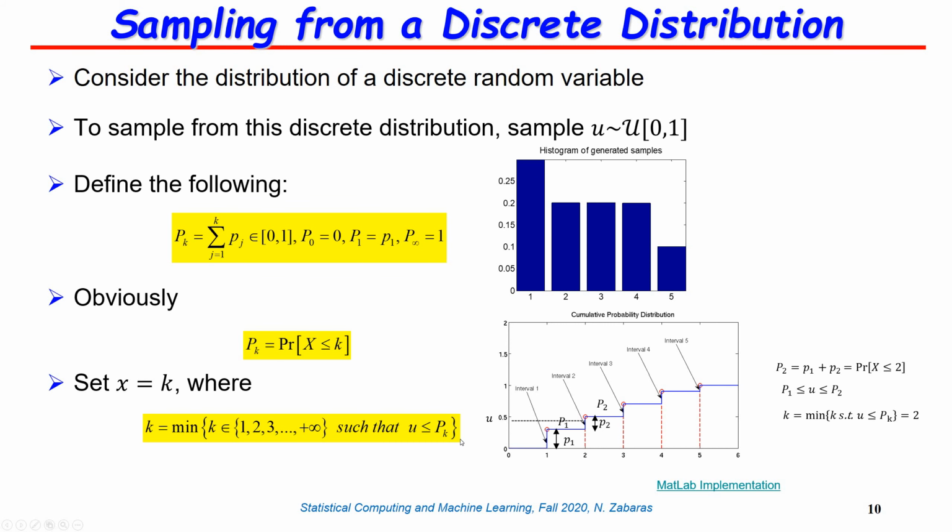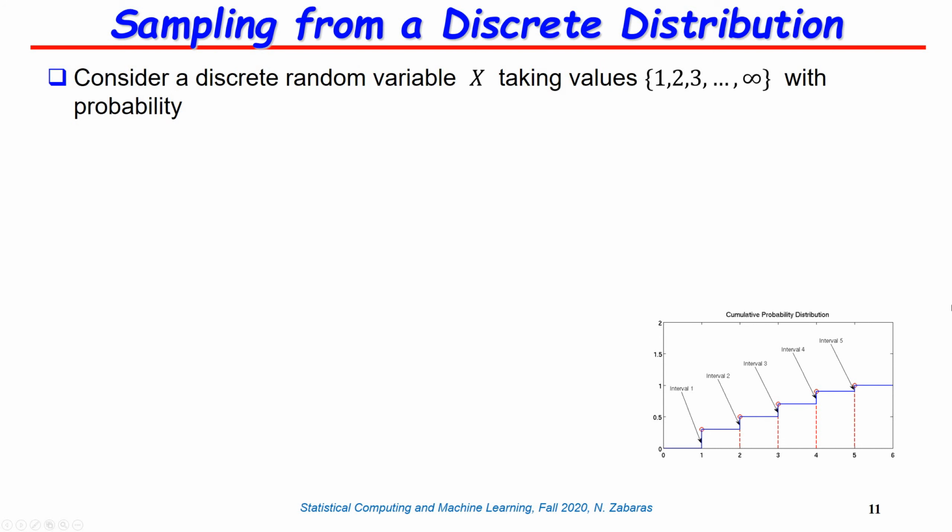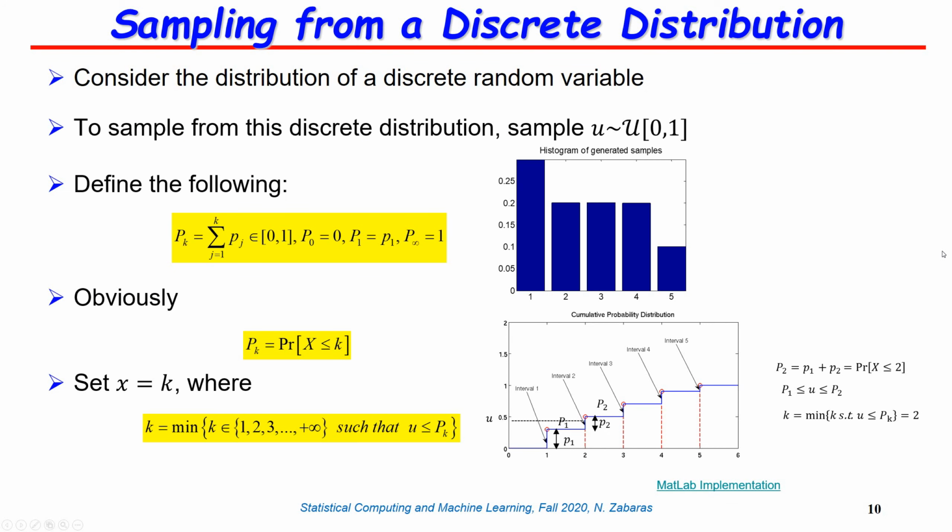If I follow this statement here, it says select k to be the minimum of all the k's for which u is less or equal to capital P subscript k. That's my CDF. And of course you can see here that the smallest k for which u is less than capital P_k is nothing else but k equal to 2. According to my discussion up to now, your sample will be basically x equal to 2.